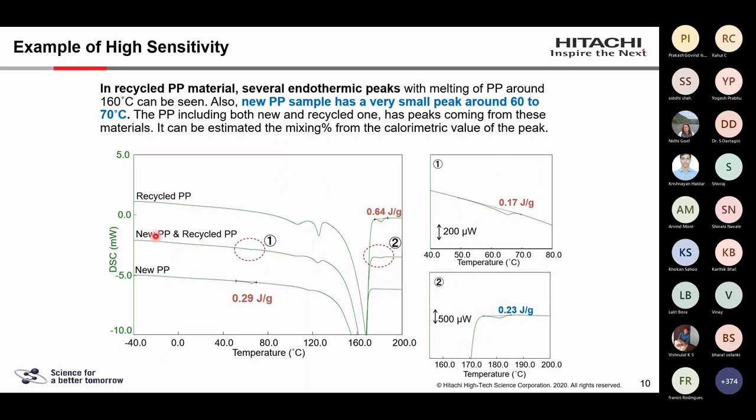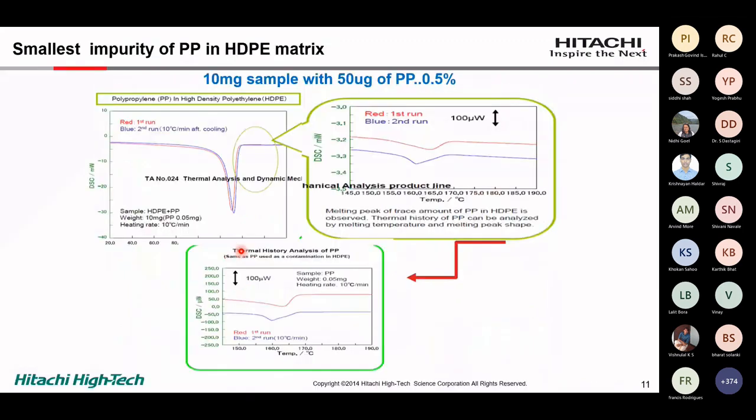Can you see it? Recycled polypropylene, which is added in a very small quantity, is identified by the circled peak number 1 and peak number 2, which are expanded on the right-hand side. So if you have a very high sensitive DSC, you can capture even a small concentration of recycled polypropylene added in the virgin polypropylene. For the packaging industry, this can be a very wonderful application.